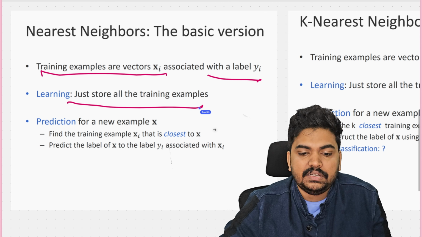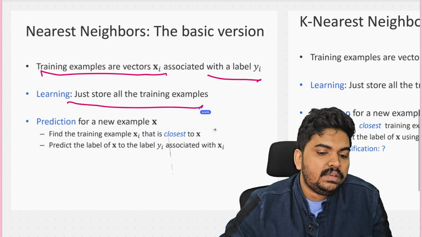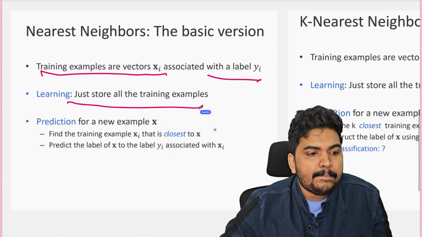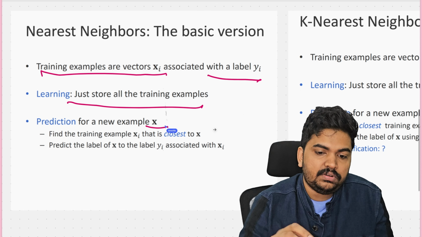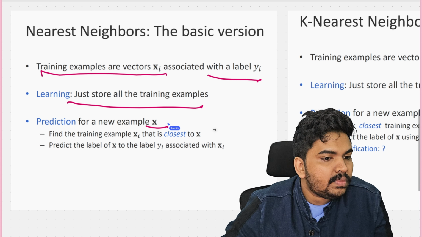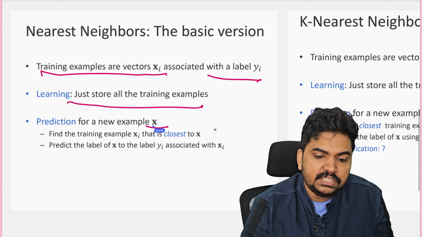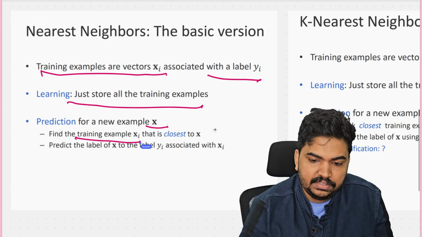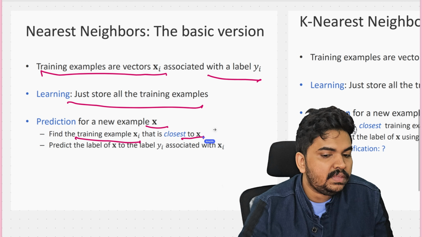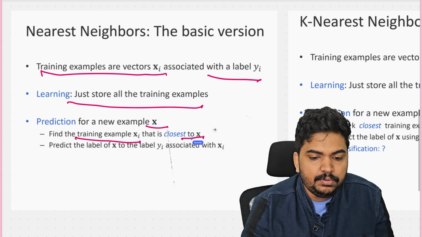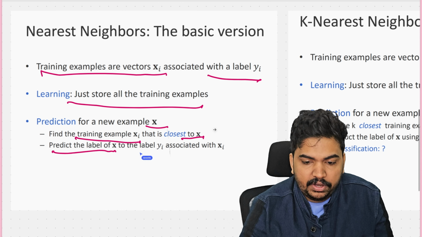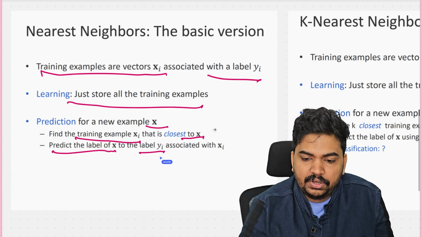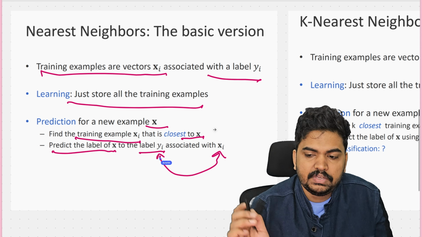There is no other learning involved. For a new, unseen example x, which is not in the training set, we find the training example xi that is closest to x. We then predict the label of x to be the label yi, because yi is the label associated with xi. As simple as that.